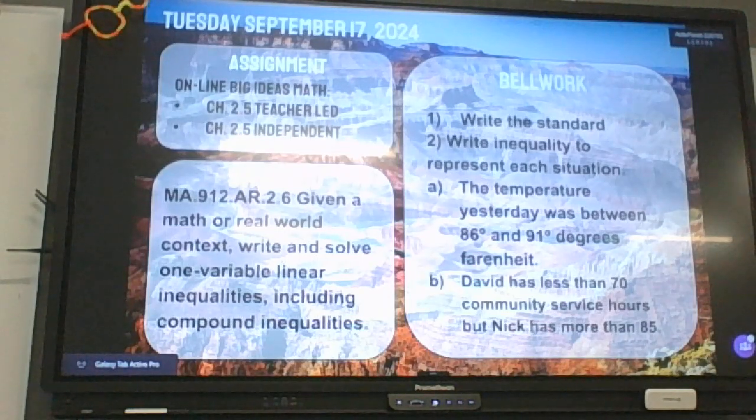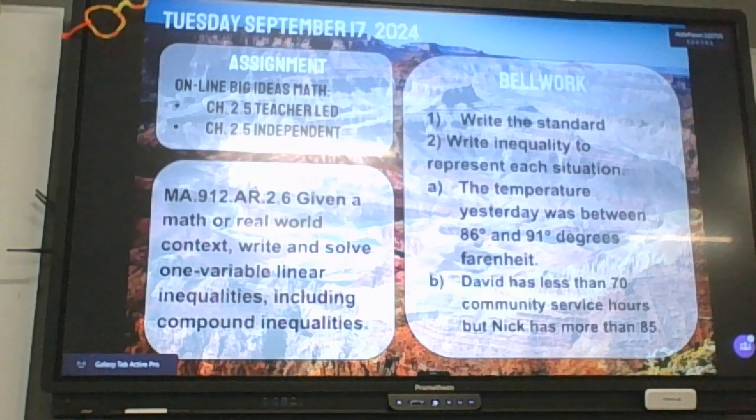Like if I were to view this on a number line, 65, 70, 75, 80, 85, less than 70 would be pointing less than, and greater than 85 would be going higher than. If they're going in opposite directions on the same number line, I would put or in the middle. This line, however, 85, 86, 87, 88, 89, 90.